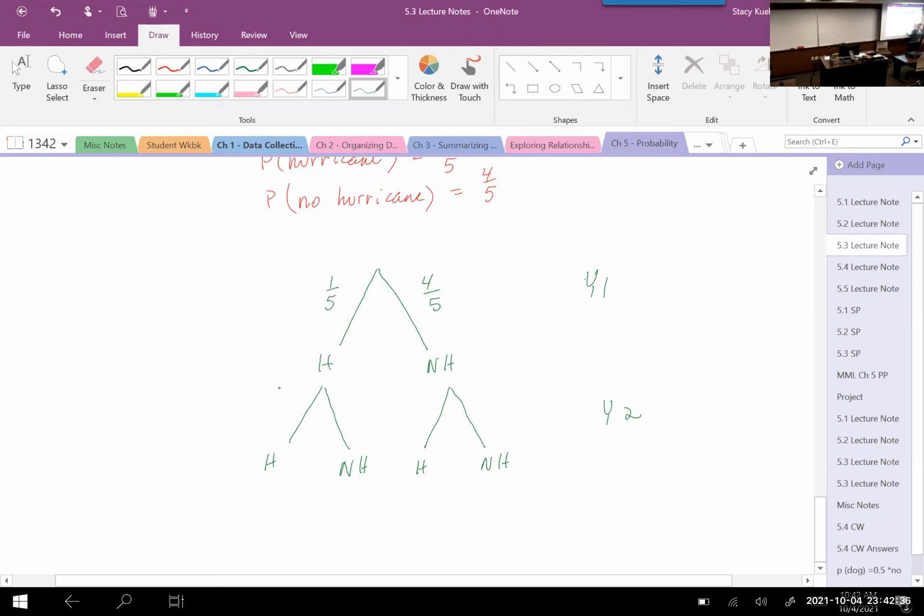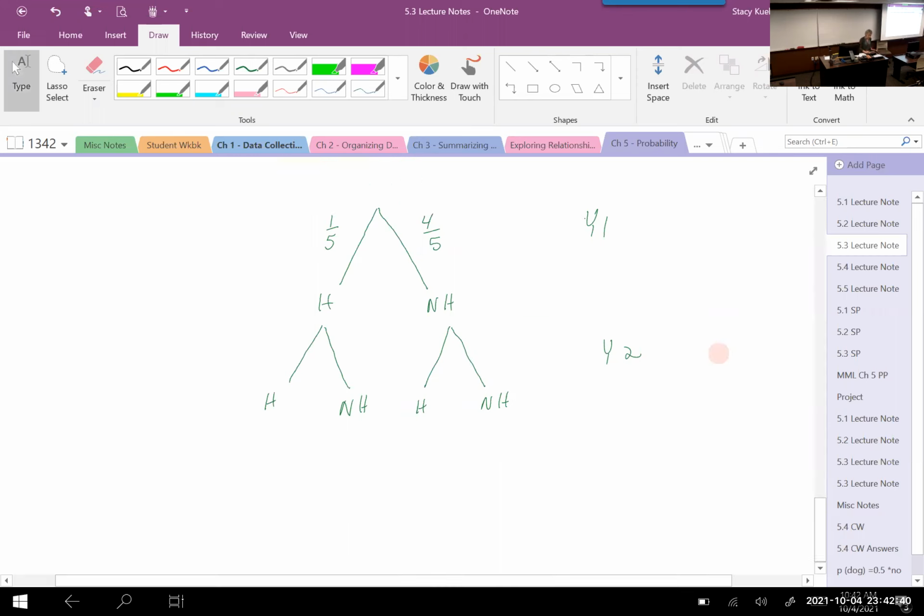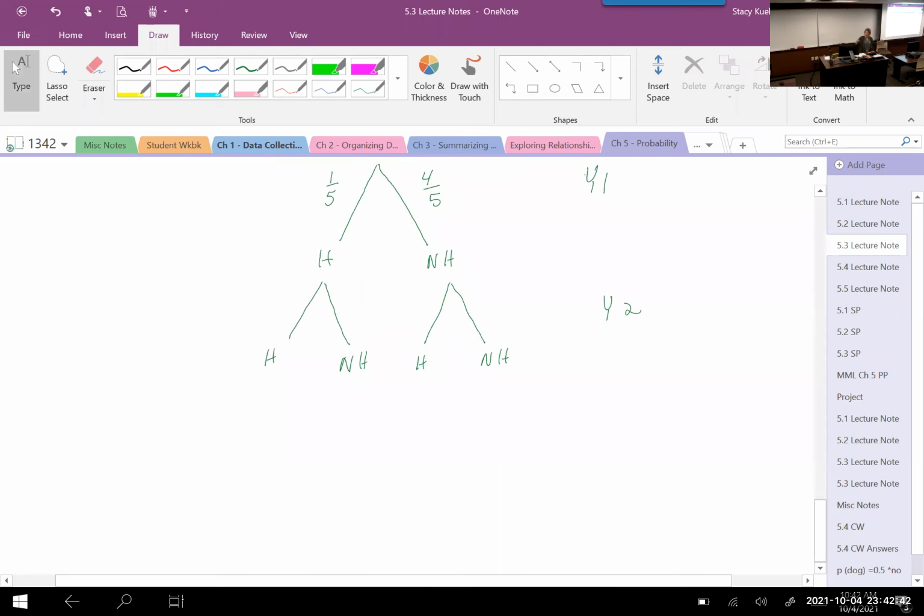So we have some possibilities here, and each of these branches represents the years, year number 1 and then year number 2. That's how this tree is growing. And I would have 1/5 or 4/5 for the probability of each of those happening as well.